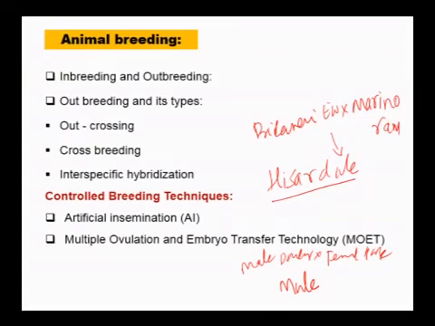This has certain advantages, where we can reduce the loss of sperms in a single mating, and also if any sexually transmitted diseases are present in the breeding cattle, they can be prevented.